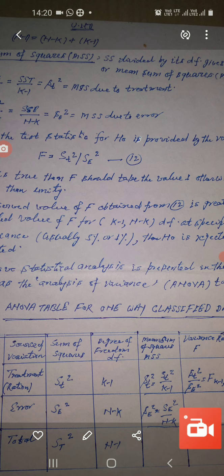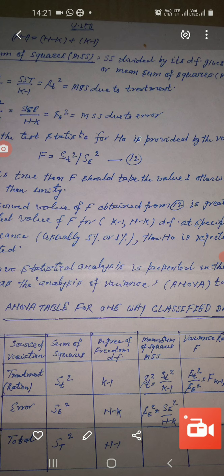And Sv square, that is sum of squares due to variety, will be based on h minus 1 degree of freedom, as summation over j of x dot j bar minus x double dot bar equals 0.